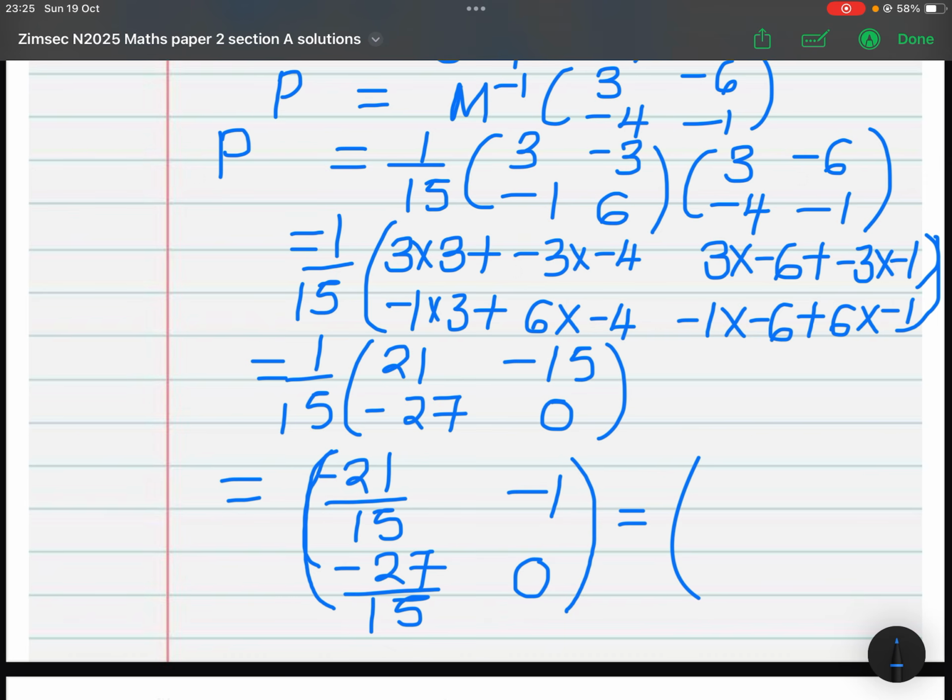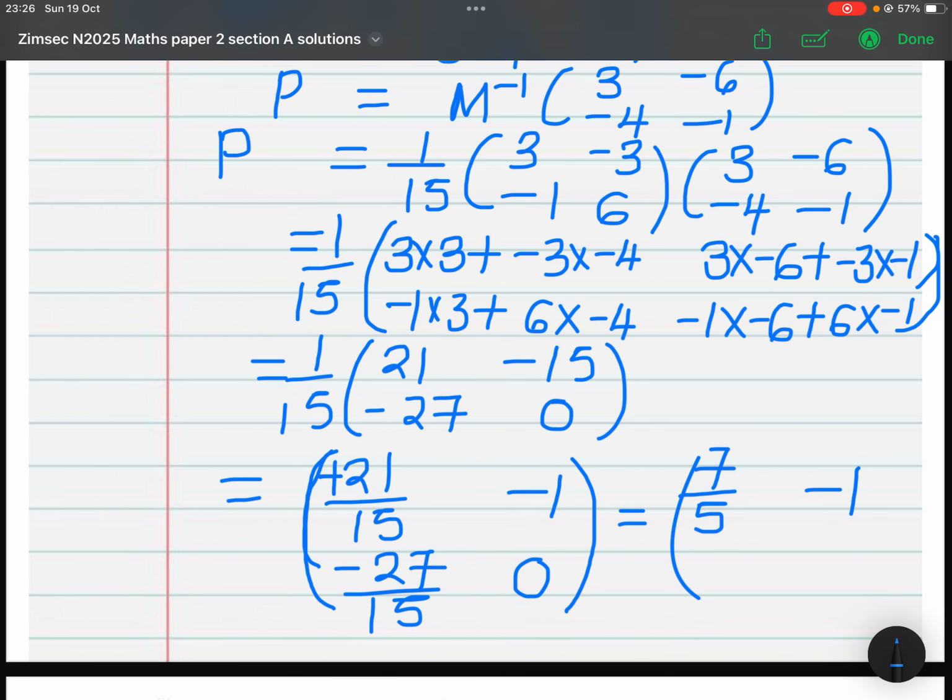So if we reduce 21 over 15, let me check, it is not minus 21, this is positive, sorry. So if we say 21 over 15 and we reduce it, we are going to have 7 over 5.